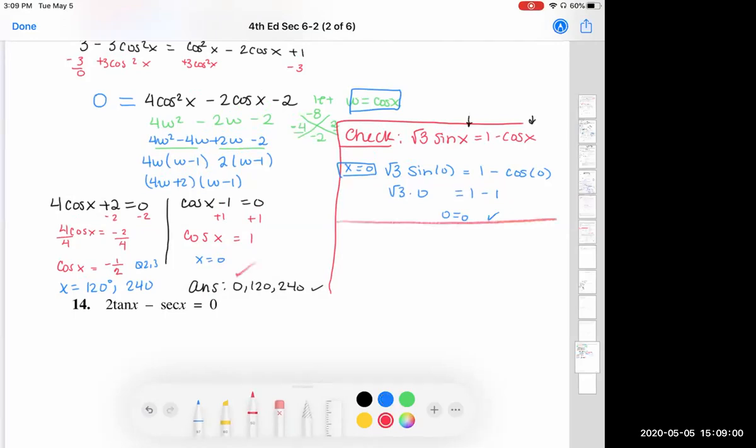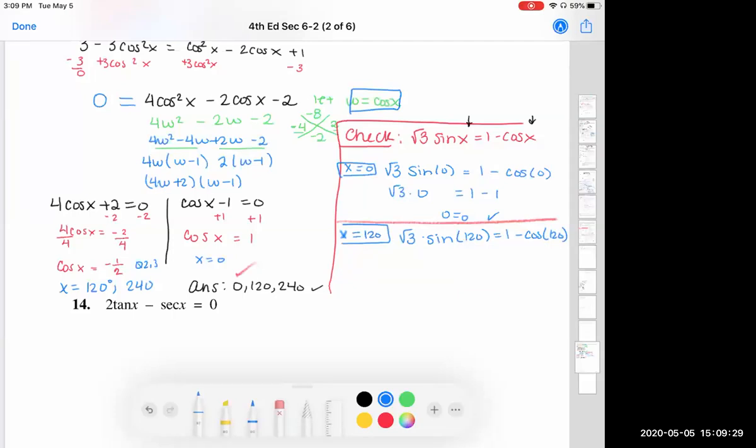Let's try 120. X is equal to 120. Let's plug it in. I have square root of 3 times sine of 120 degrees is equal to 1 minus cosine at 120 degrees. So we look at the unit circle.